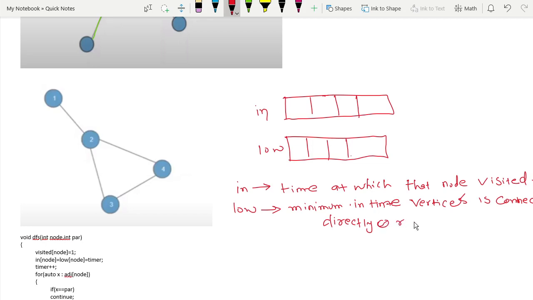Okay, so directly or indirectly, how is it connected?